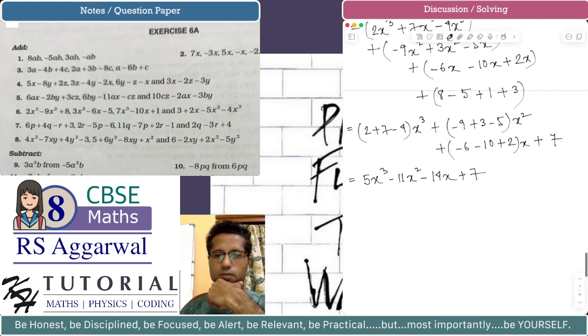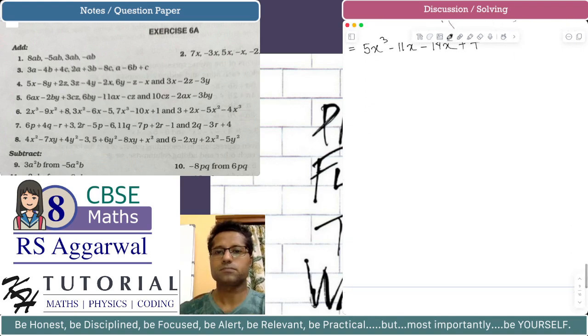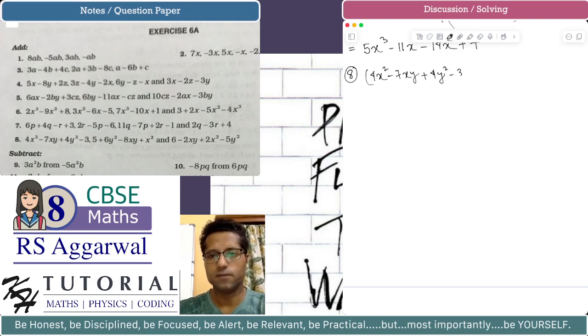Okay, let's do problem number 8. How many expressions are there? 1, 2, 3. There are 3 algebraic expressions. The first algebraic expression is 4x square minus 7xy plus 4y square minus 3.